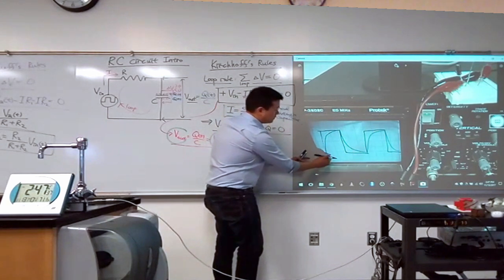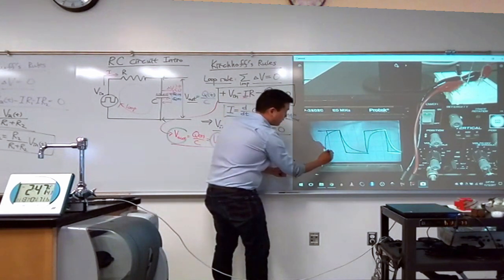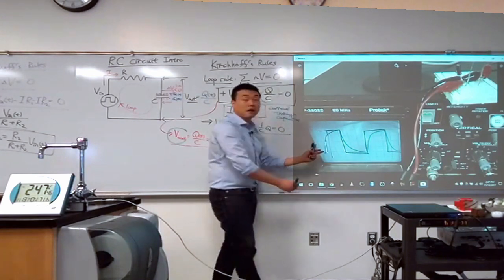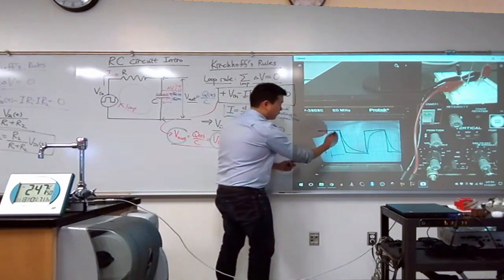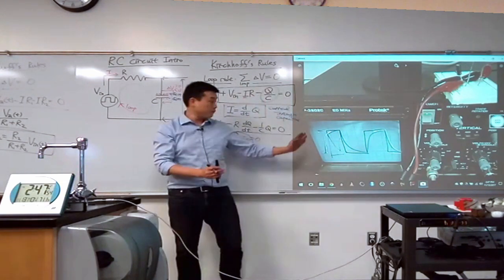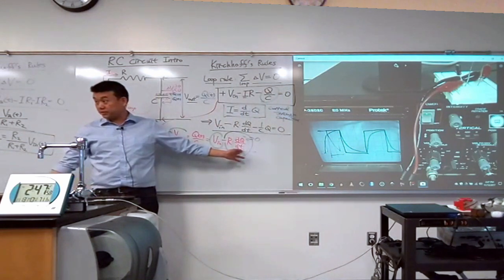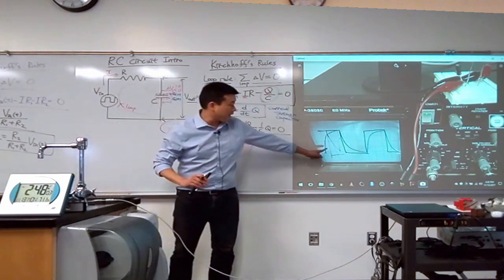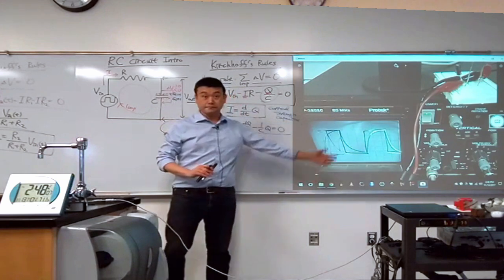If you cut it off here, then the capacitor will stop here and start discharging right away. That's when you get a signal that looks like this for the capacitor. But when you wait long enough for dq/dt to go down to 0, or close to 0, then you see that the capacitor voltage reaches close to the input voltage.